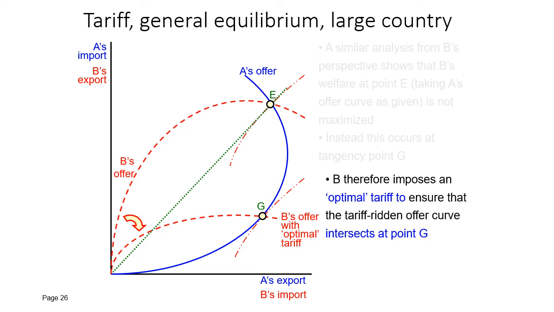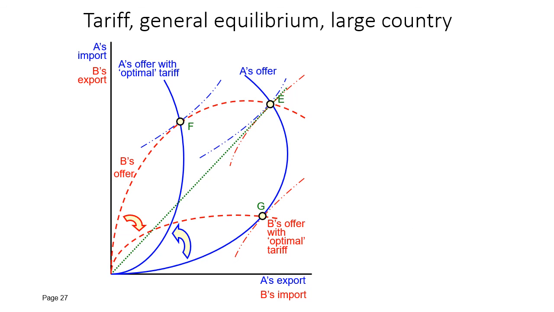In reality, what is happening? We have A and B trying to do the same thing at the same time, or responding to each other at the same time. So this is what we drew on the graph, right? We have A's optimal position and B's optimal position.